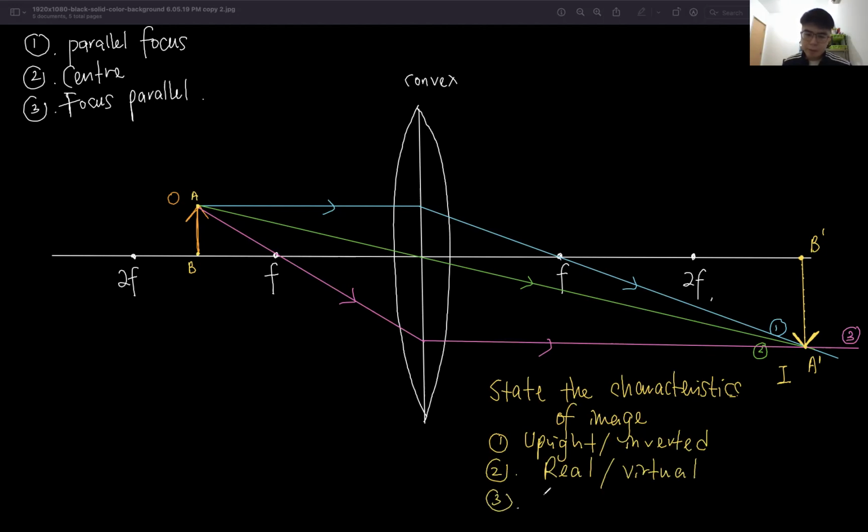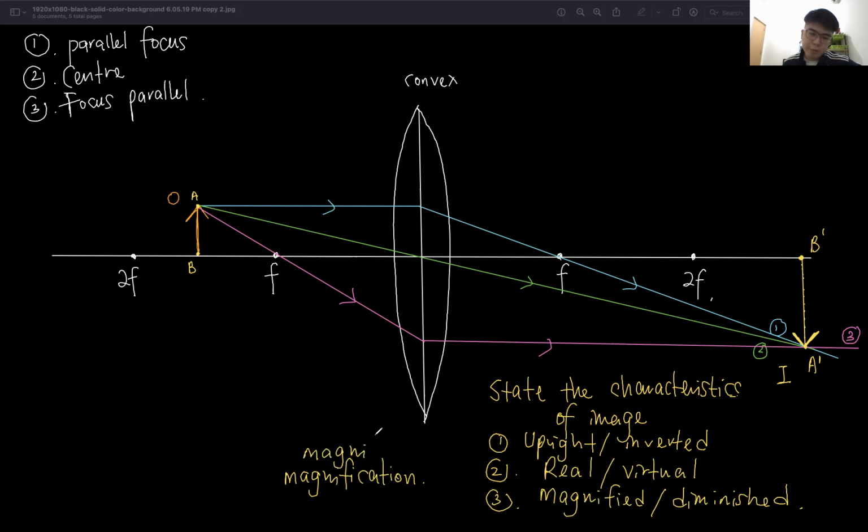Number 3, whether it is magnified or diminished, meaning it becomes smaller. Whenever you see characteristics, you describe according to these three, full marks, only these three. Of course, sometimes you can describe magnification as well. Later we'll come to this. Magnification means the magnitude of it. For example, if it's magnified, then how many times? 2 times magnified? 5 times?